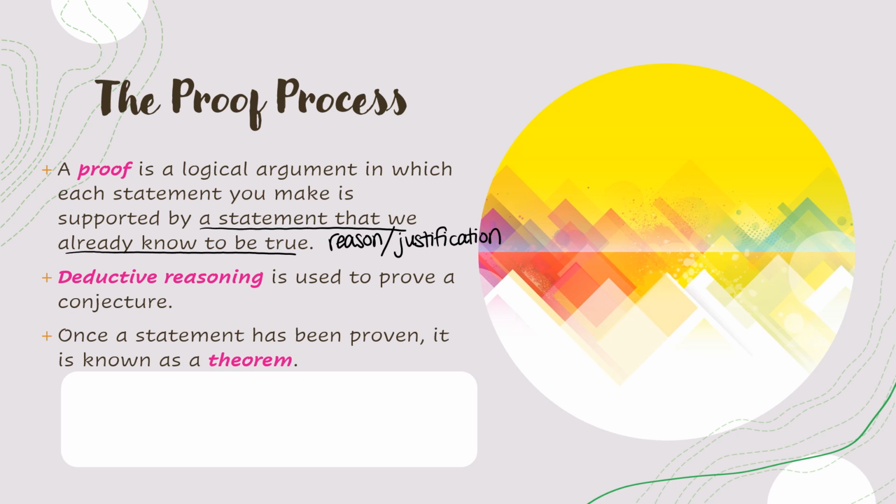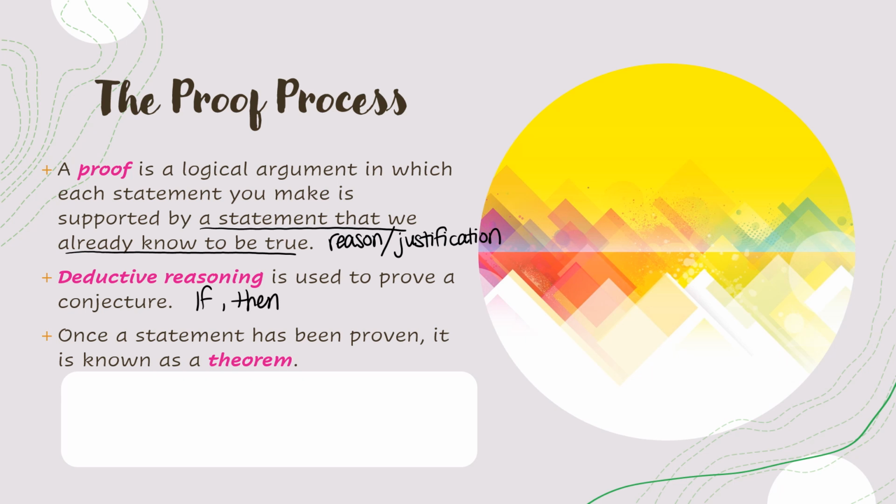We are specifically doing 2-column proofs in this class. Regardless, other proofs do exist, and they will almost always rely on deductive reasoning. Deductive reasoning is what we'll use to prove a conjecture. And a conjecture is, again, just that if-then style statement in geometry.